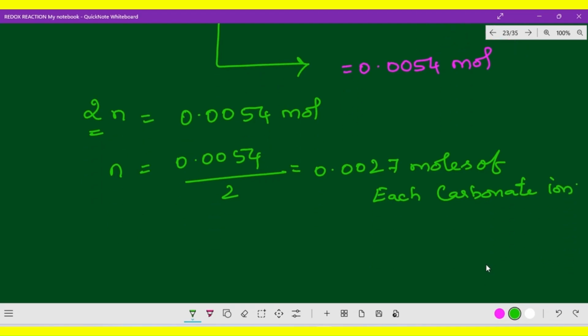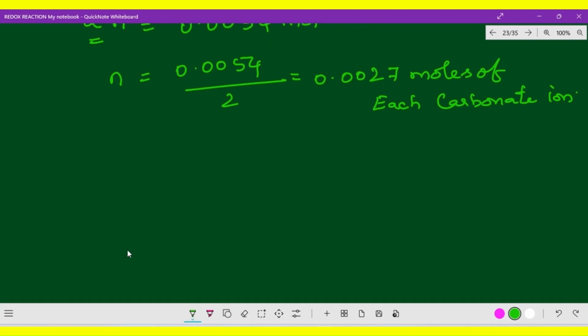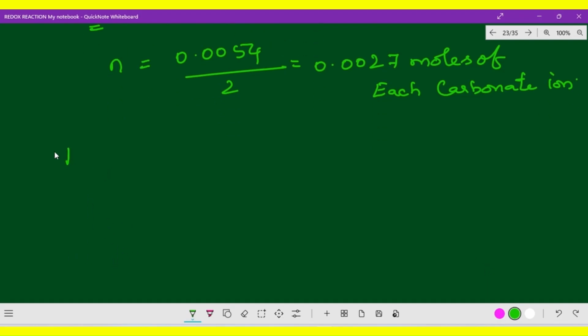Okay, now we have to identify the total mass of the mixture. Atomic mass we have to identify. For the total mass of the mixture, they have given 1 gram. What is that mixture? Lithium carbonate and the other metal carbonate. So this is 1 gram.